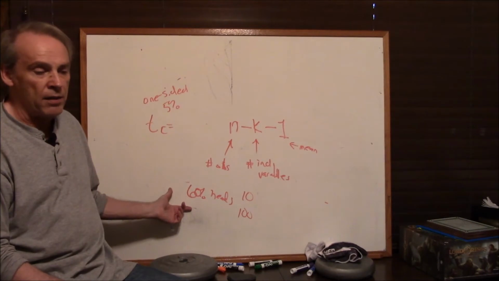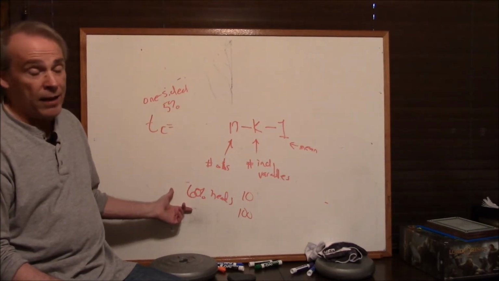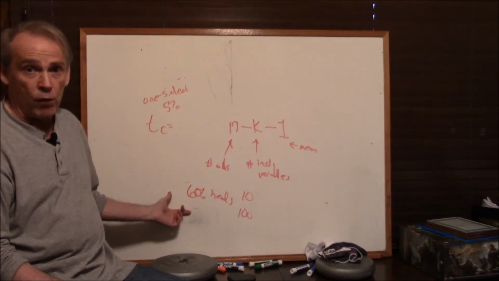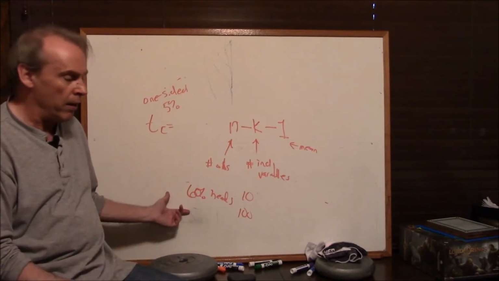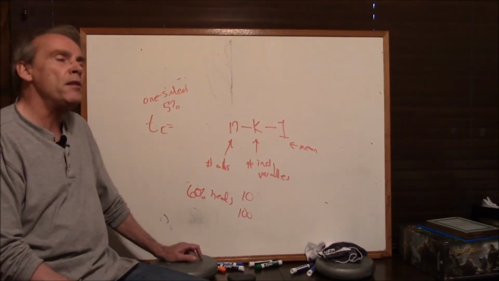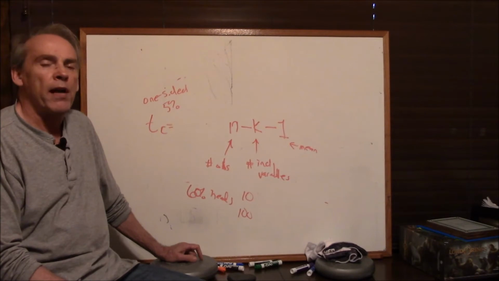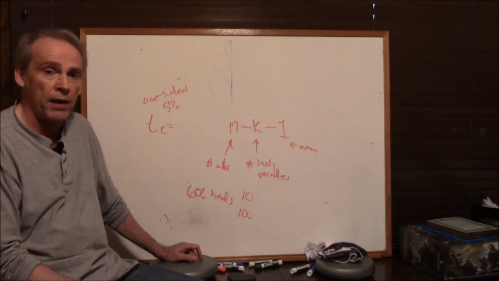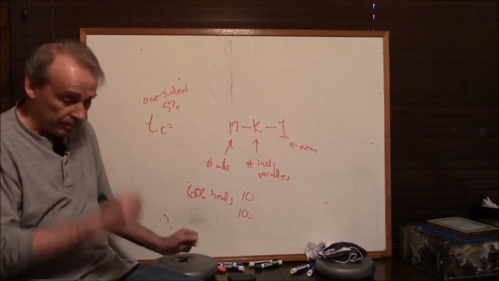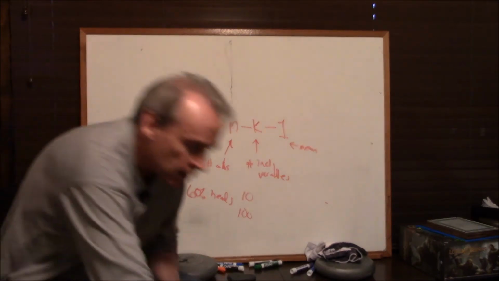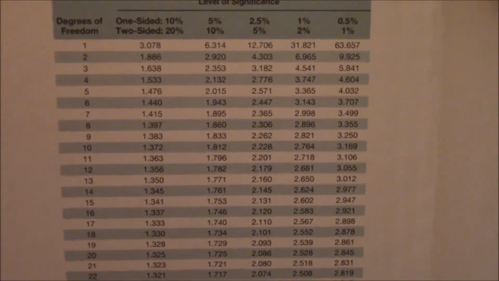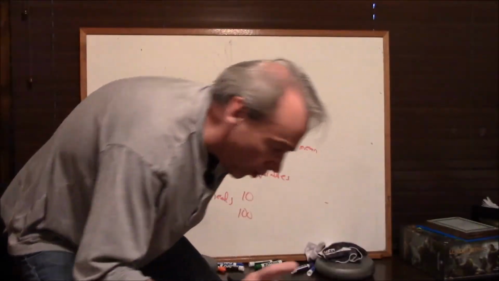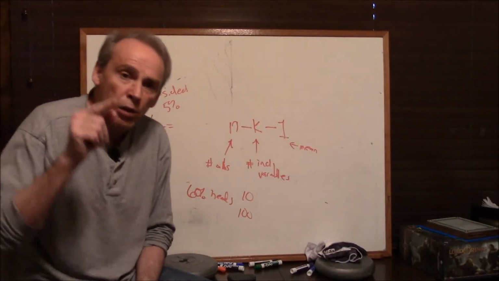At 10 tosses, I better get 8 or 9 heads, at least, before I'm going to say that's an unfairly weighted coin. But at 10,000,000 tosses, I don't need 80 or 90%. Probably 60% is sufficient to say, statistically speaking, that's a heck of a lot of heads, right? So, the more degrees of freedom you have, the smaller the critical t-value. And remember, you want your t to be bigger than the critical t.